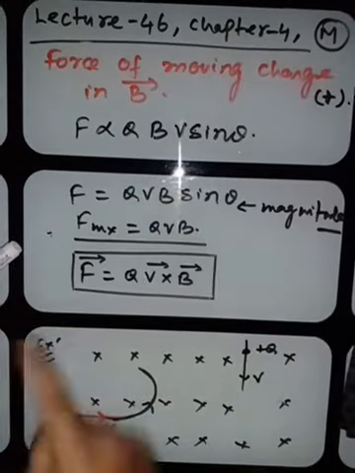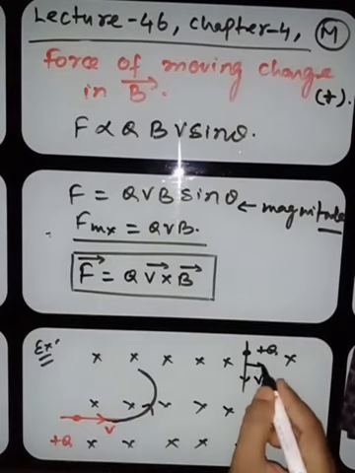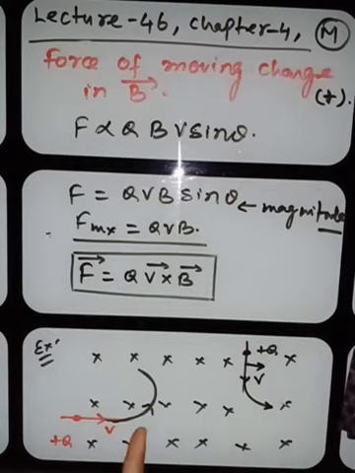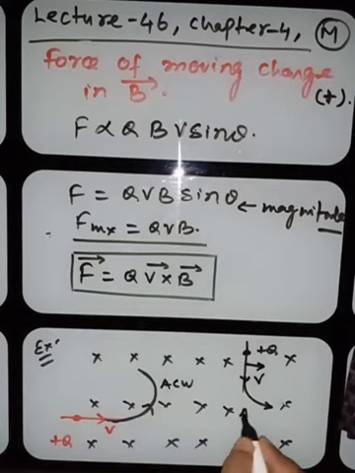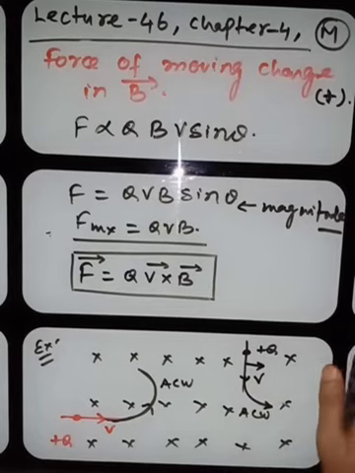So the force will act in this direction and it will go round this way. That is anti-clockwise, and this is also anti-clockwise. All right, now you can find out the direction for any case.